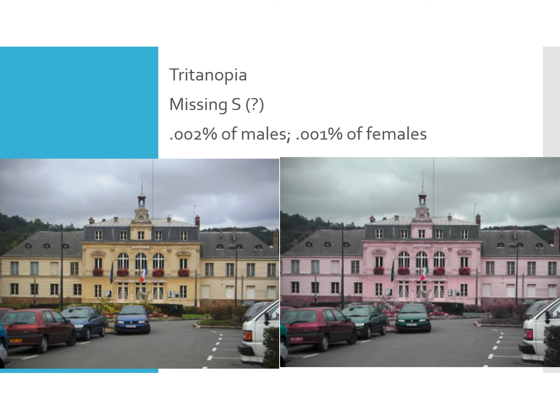And then we have tritanopia, where we assume that what's happening is a missing short wavelength cone. There are fewer people who have tritanopia. It's much more rare, and also there are fewer short wavelength cones. So this is the assumption of what's going on. This is happening in about 0.002% of males, 0.001% of females. So really quite rare.